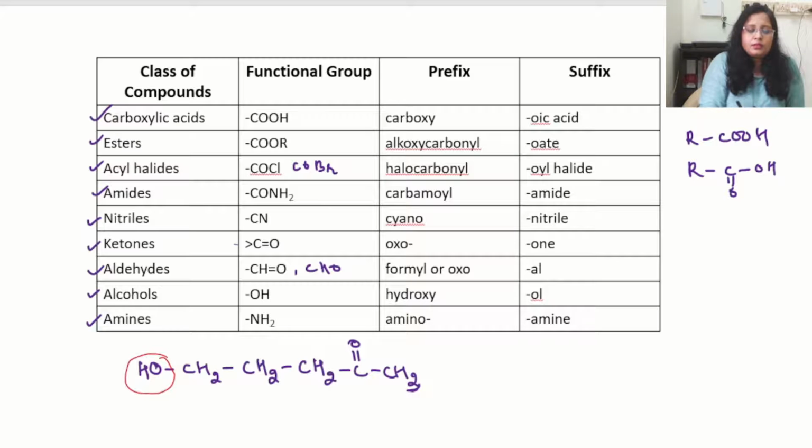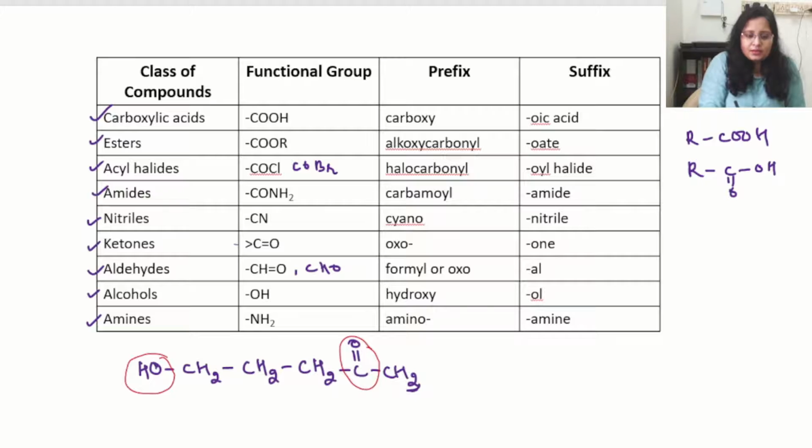One is here and one is here. This is OH, meaning alcohol group, and CO means ketone. So we have two groups. Now in the preference order, ketone is given preference over alcohol. So the ketone name will be written in the suffix and the alcohol is written in the prefix name.